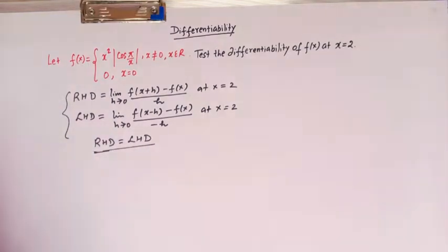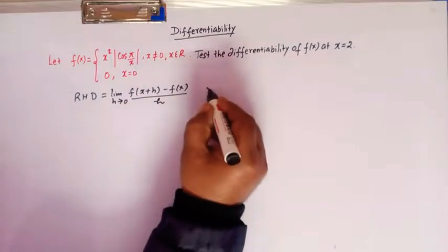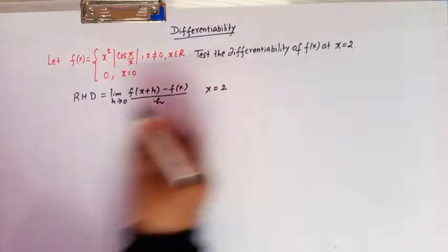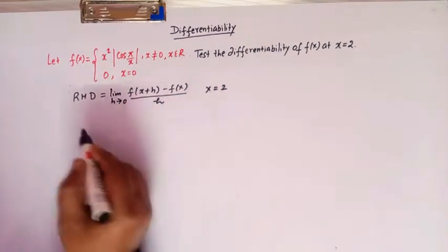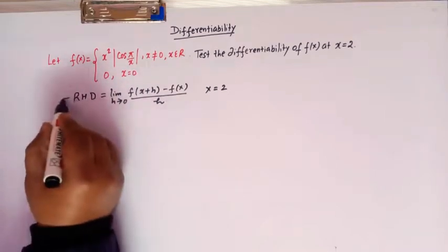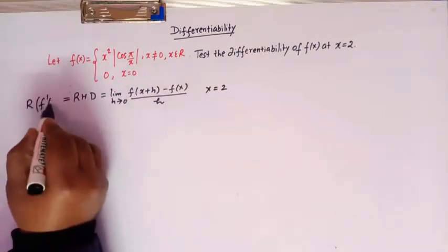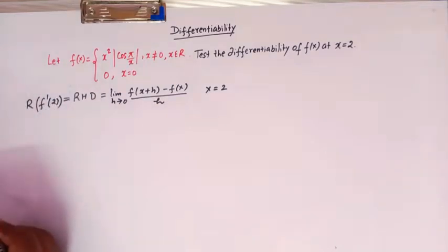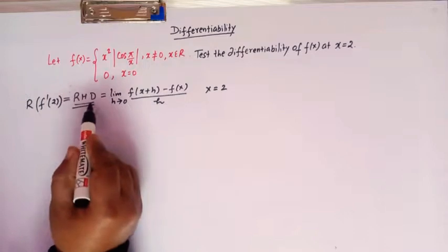So let us first find the right hand derivative. So now viewers, here the point is given as x is equal to 2, so the right hand derivative at x is equal to 2 is denoted by say r of f prime of 2, right? So this notation may be used, but we'll prefer this notation, right?